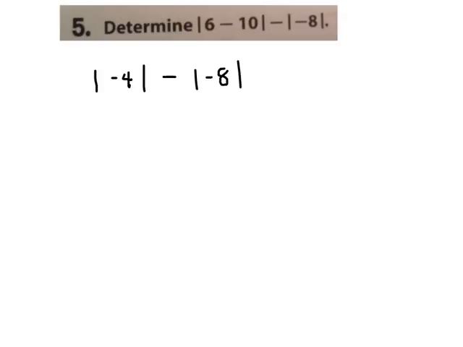Now, let's go ahead and take this part to the next step. The absolute value of negative 4 is 4. Take away the absolute value of negative 8 is 8. I now have 4 take away 8, which I can rewrite as 4 plus negative 8. I know that 4 plus negative 8 is negative 4.